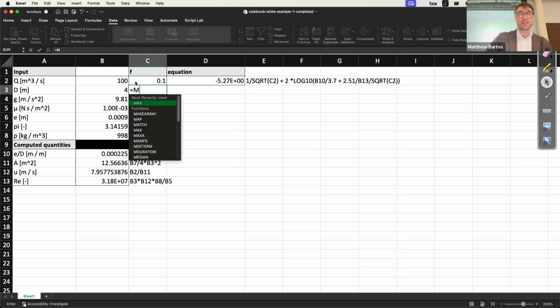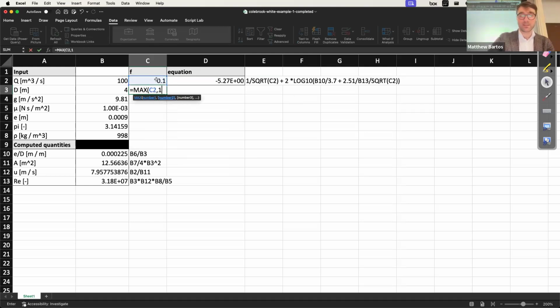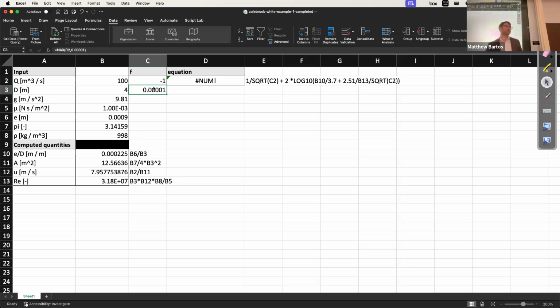I'm going to say, take the maximum of F and 0.00001, 1 times 10 to the negative 5th. Right now, because F is greater than 1 times 10 to the negative 5th, it's displaying 0.1. If I made this negative 1, it'll be 1 times 10 to the negative 5th. If I make it 0, it'll be 1 times 10 to the negative 5th. So this just safeguards that variable from becoming 0 or negative.